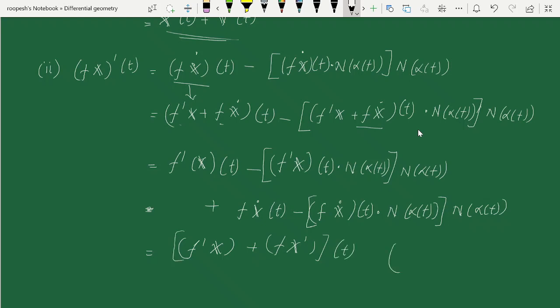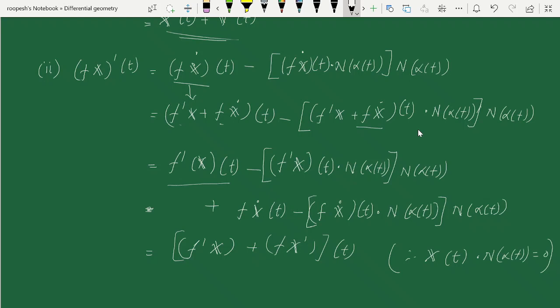Why does it reduce like this? Since X of t dot N of alpha of t is equal to 0, that term gets reduced to f dash X of t as such. Plus, some X of t dot N of alpha of t is coming, so that should be 0. So the remaining term is f X dash of t.